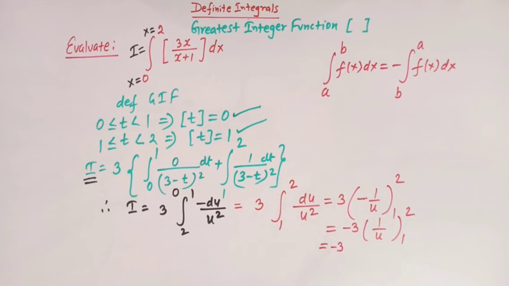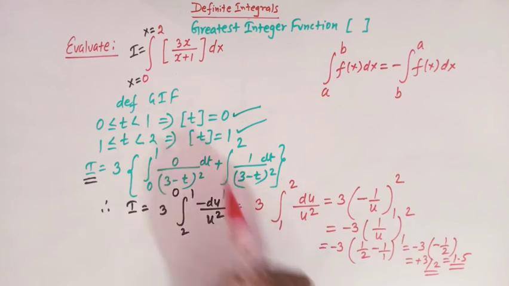Now we substitute the limits and take the difference, right? So 1 over 2 minus 1 over 1, so we have minus 3 times minus half, because half minus 1 is minus half, and minus minus is plus, so we have plus 3 over 2, that is 1.5, right?